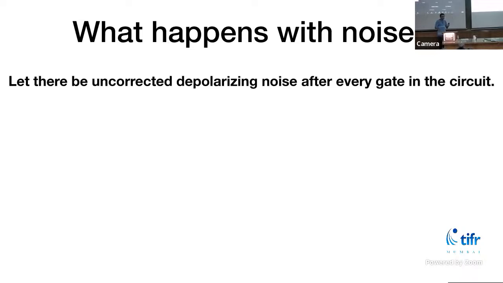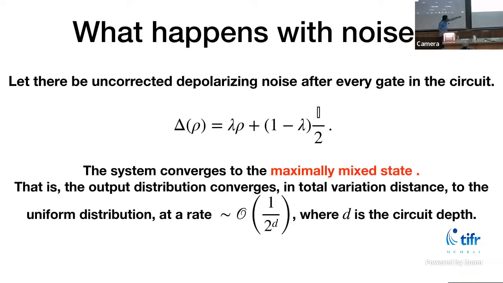So let the noise model be uncorrelated depolarizing noise, so each gate has this noise. Let's take this model for now because of its simplicity. What does depolarizing noise do?